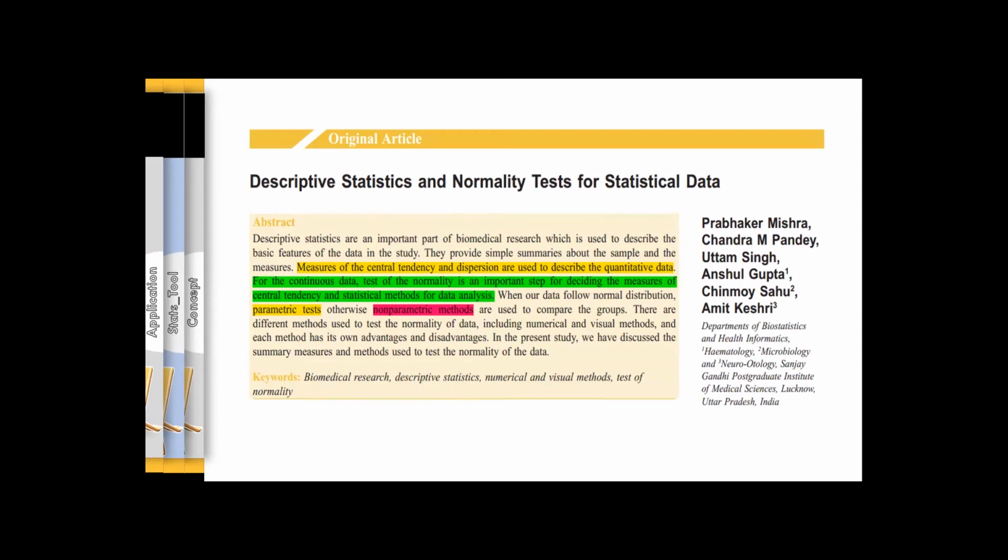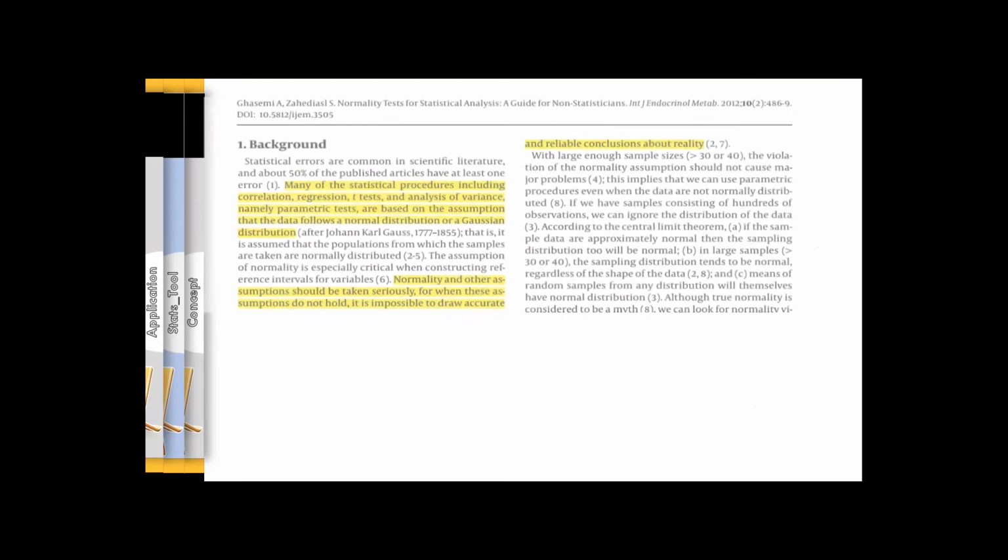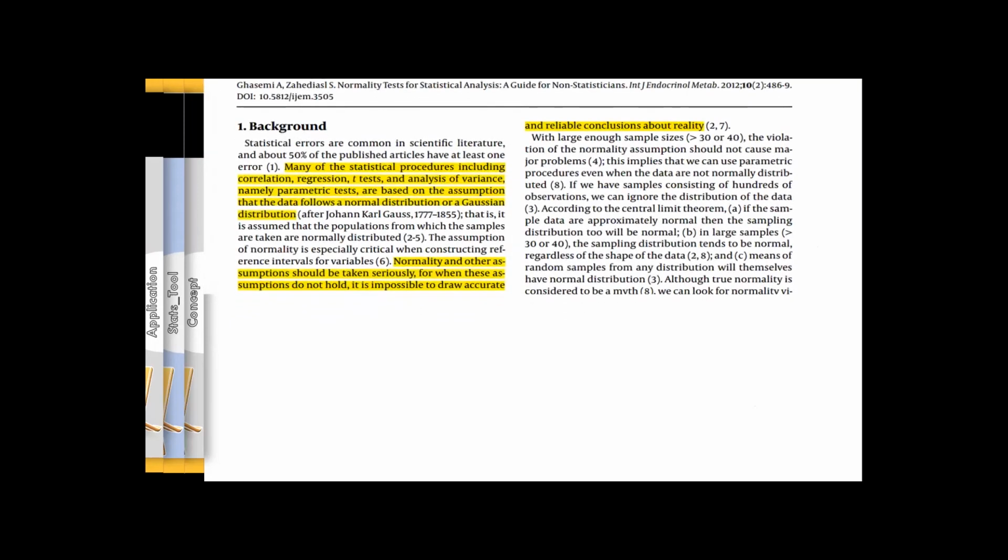For example, we use the mean in describing parametric variables, whilst we use the median in describing non-parametric variables. Also, as highlighted here, normality and its assumptions should be taken seriously. When these assumptions do not hold, it is impossible to draw accurate and reliable conclusions about reality, especially in research.